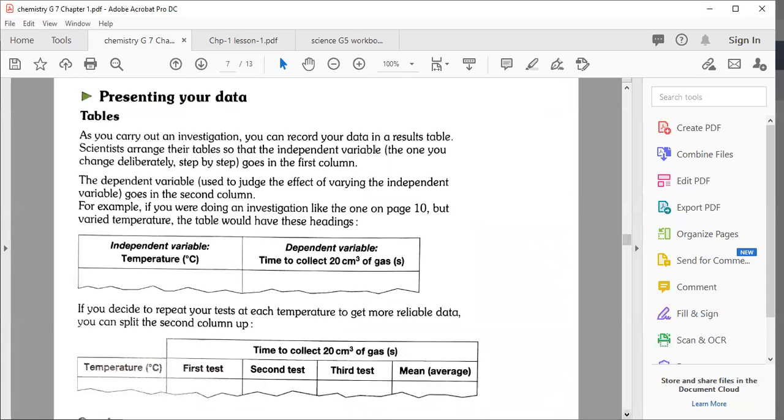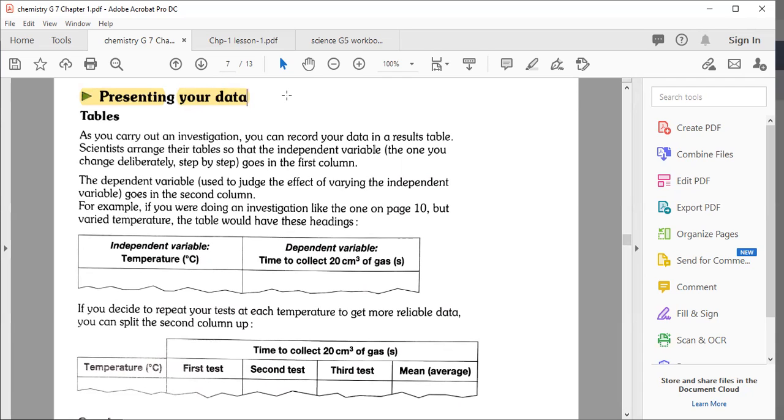Now, this is the last part of the lesson, where after observing, after performing the experiment, after getting the reading, writing that reading, and then collecting the data, now it is time to present your data. How are you going to present whatever you investigate, whatever you collect? There are different types. You can present your data in table form.